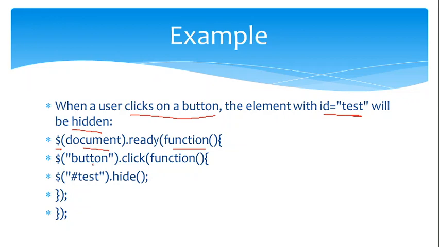Okay, and $("button"), we are applying the function to the button. Dot click, whenever the click event happens on that button, what function should be performed? Wherever the hash test, meaning wherever the id test is there, that should be hidden.